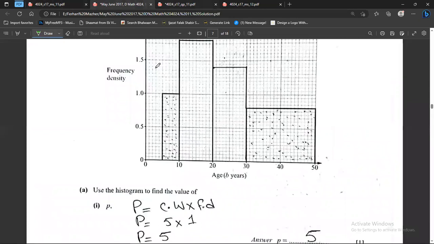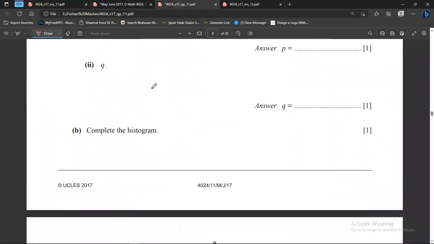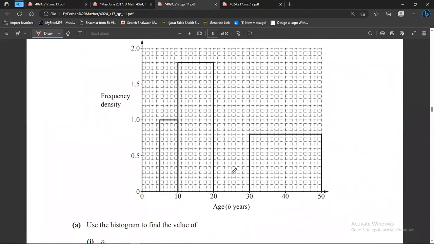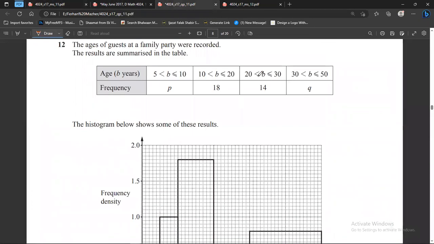Then the question is, complete the histogram. This class is missing, which is from 20 to 30. The class width is 10, so divide the frequency 14 by the class width 10, and that will be 1.4.